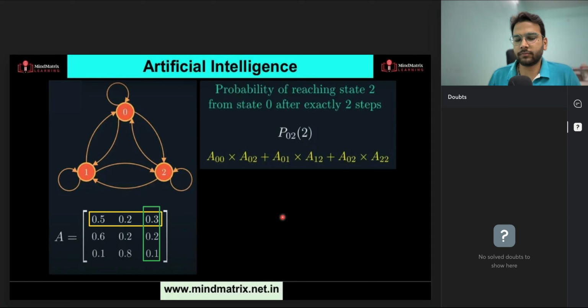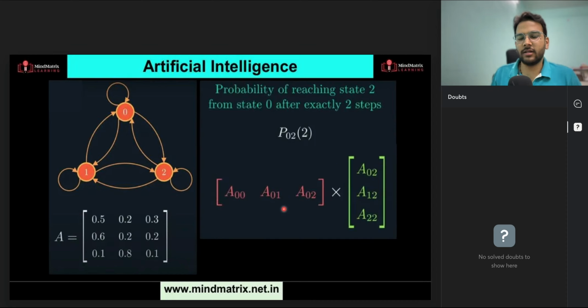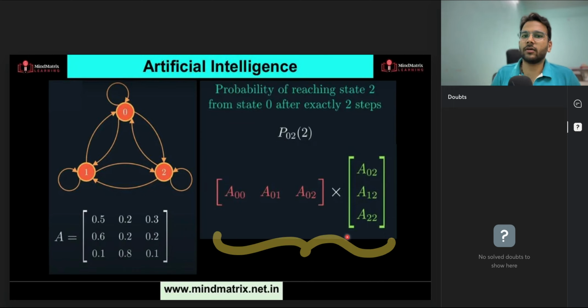Yes or no? That means write like this. This value is equivalent to finding this one. Do you agree or not? Yes or no? Yes. Okay.